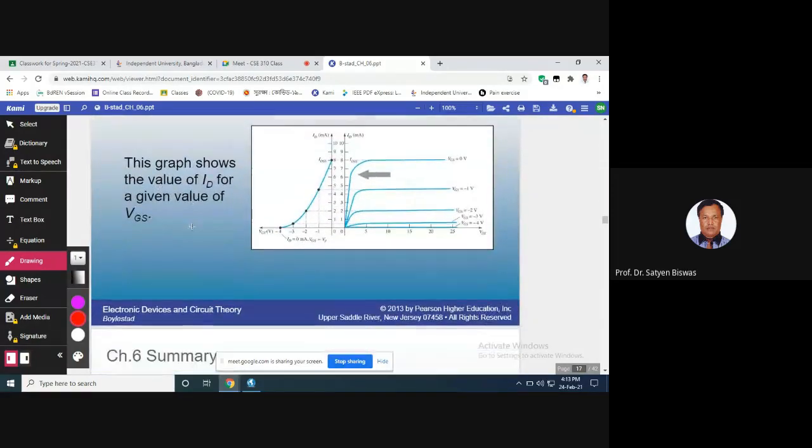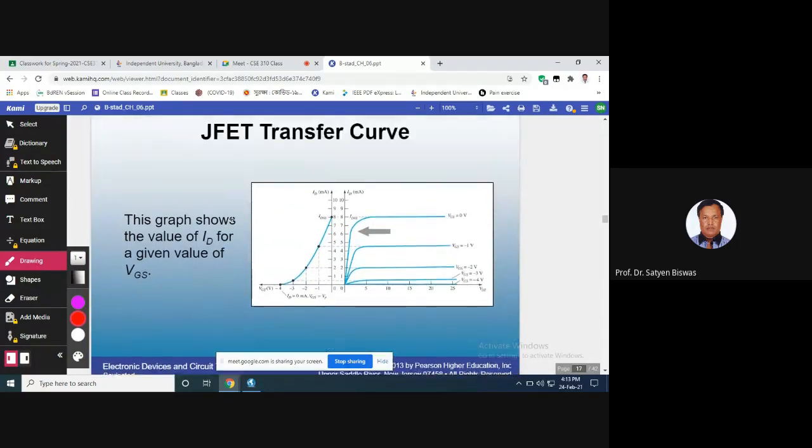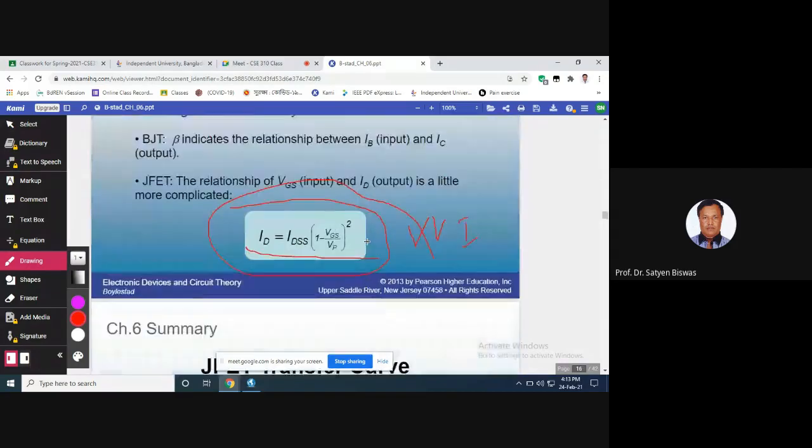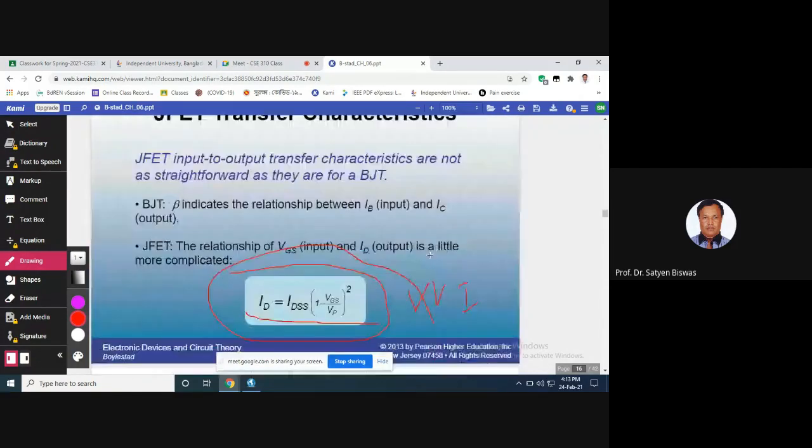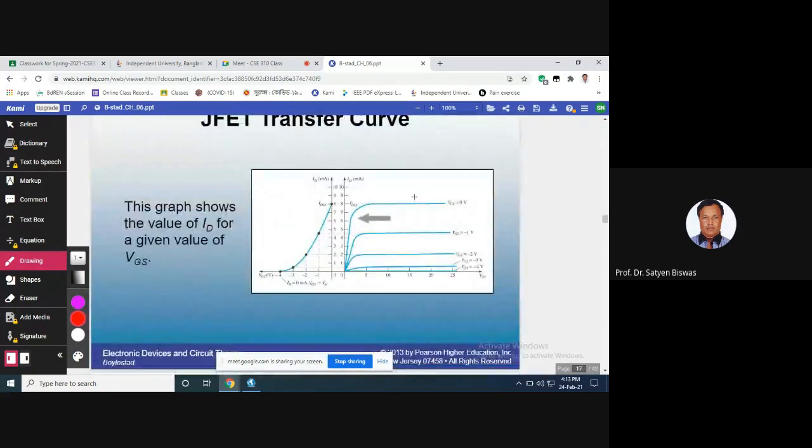So the value of ID, this is the graph, this is another graph. Okay, now maybe this is new for you. You have not heard about this one. We have seen the right side graph so far, right? This one you have seen so many times before.